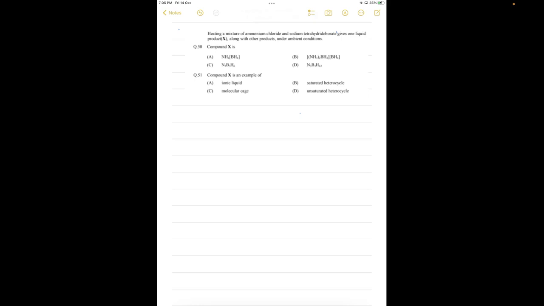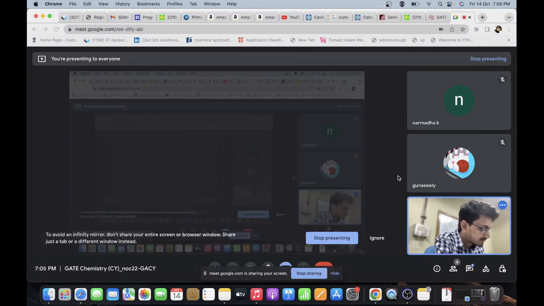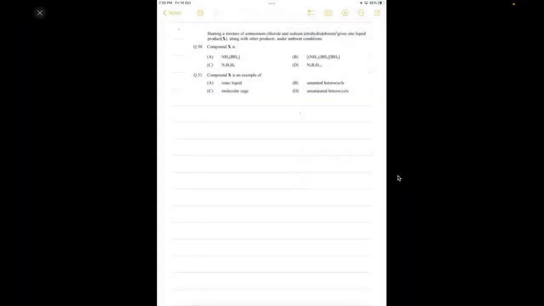Okay, so this is question number 50 and 51 from the 2013 paper, and the question is: the heating of a mixture of ammonium chloride and sodium tetrahydroborate, which is actually sodium borohydride, NaBH4, gives one liquid product X along with other products under ambient conditions.